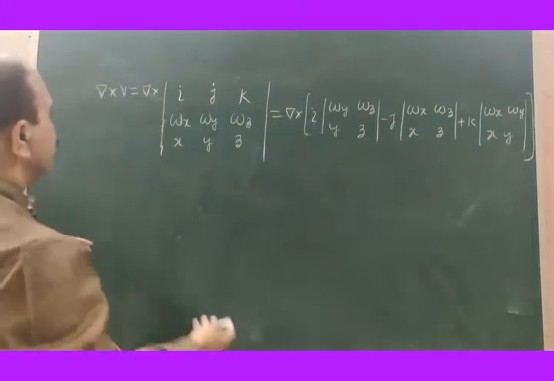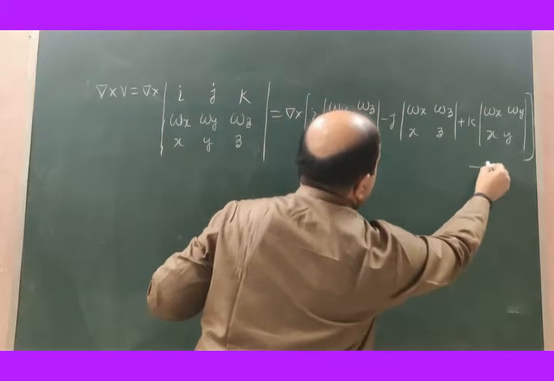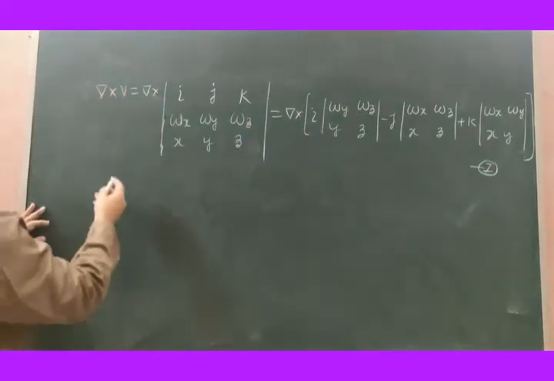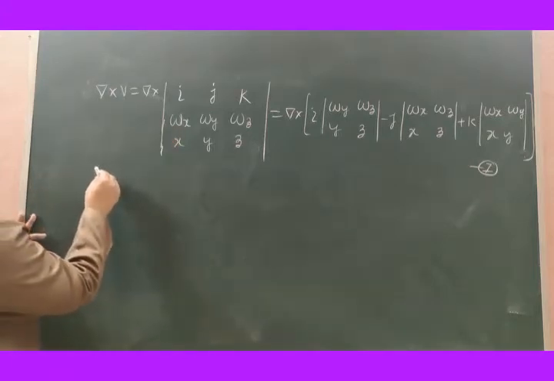Let us solve this. You may call this equation number 7. Let us solve equation 7 for del cross V or curl V. That is what?